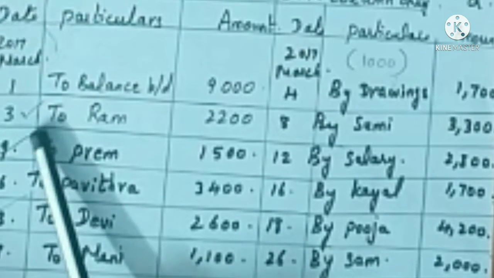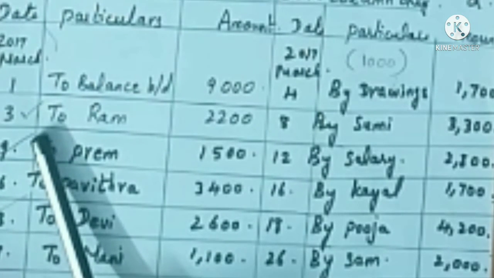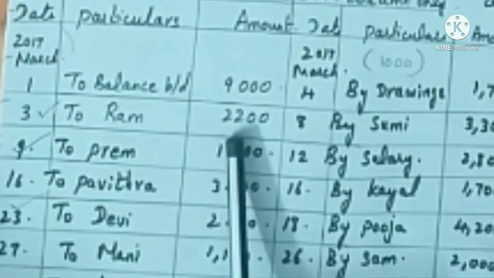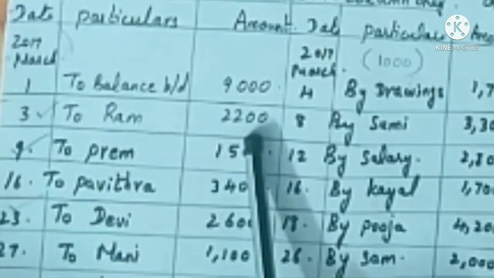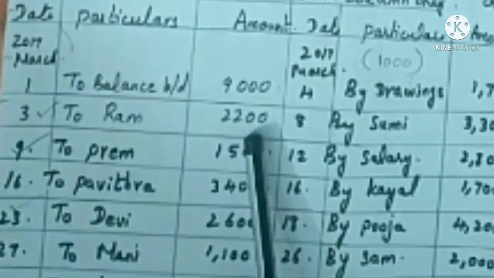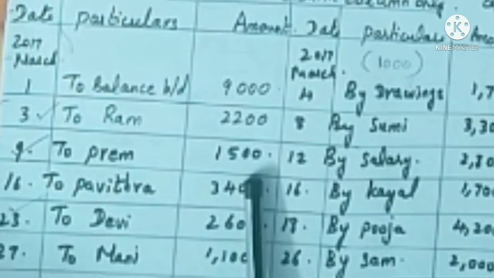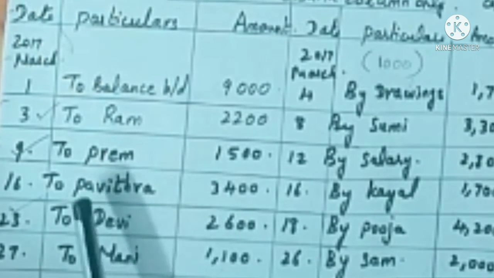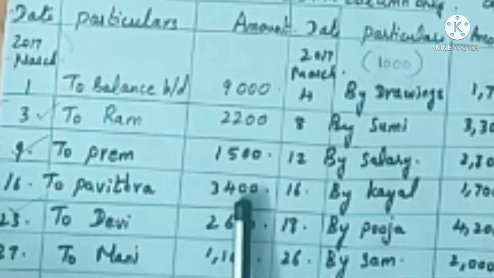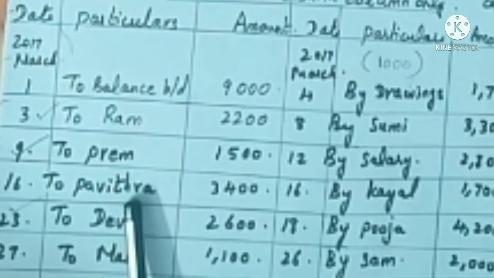See, I have given a tick mark for all the items recorded in the cash book and passbook. So To Ram 2200 is recorded in the cash book and passbook. To Prem 1500 is recorded in the cash book and passbook. But Pavitra is not recorded, so I have not given a tick mark.